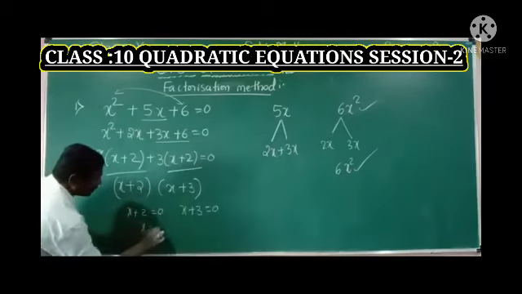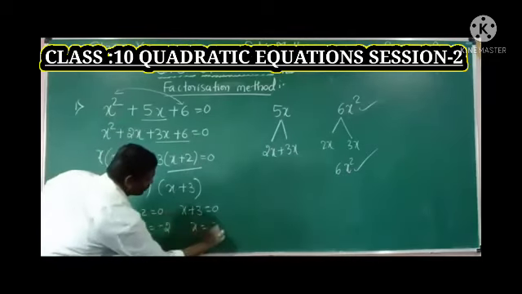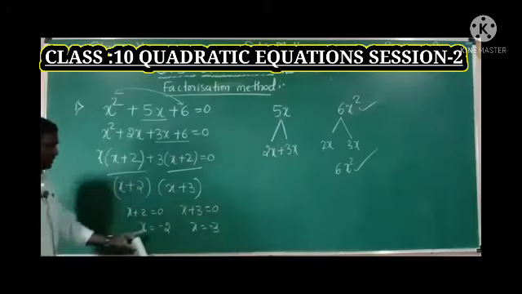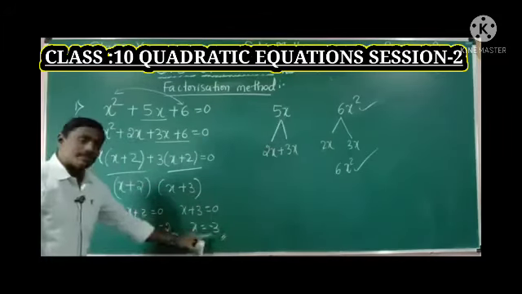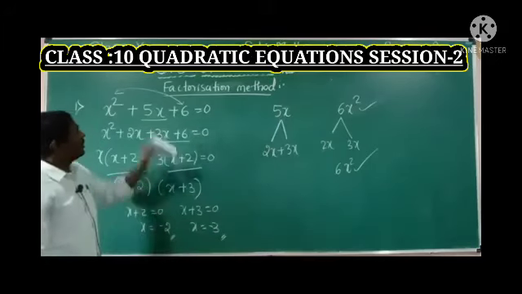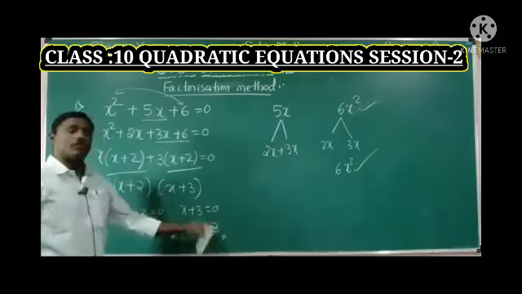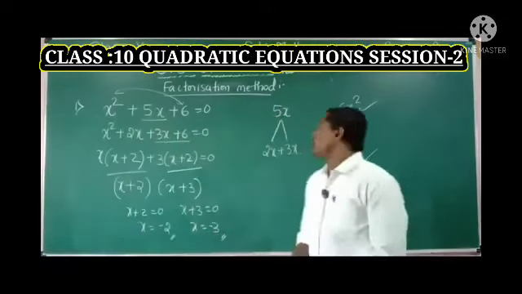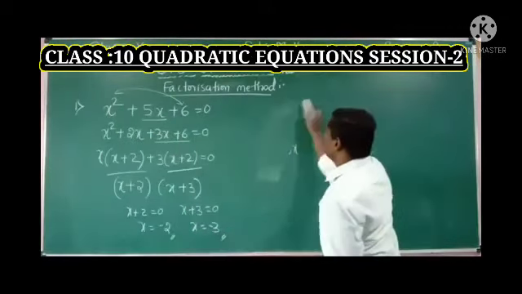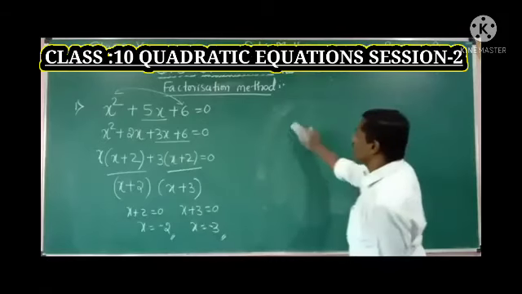Now x is equal to minus 2, x is equal to minus 3. These two are called the roots of the given quadratic equation, or solutions, or zeros of the quadratic equation.